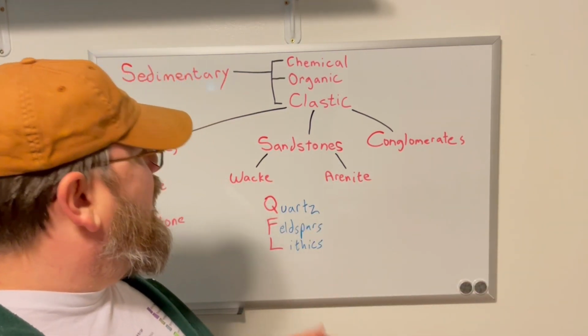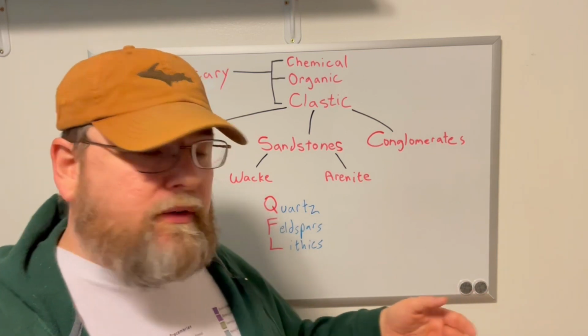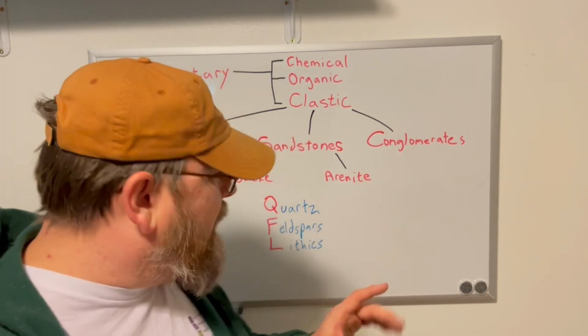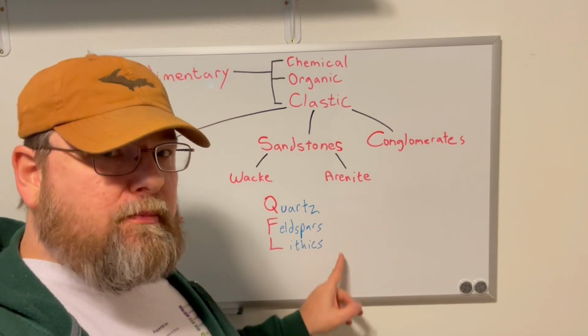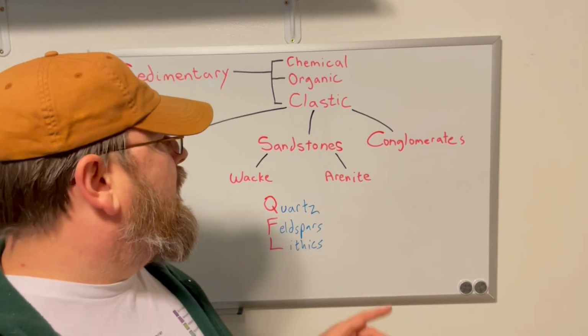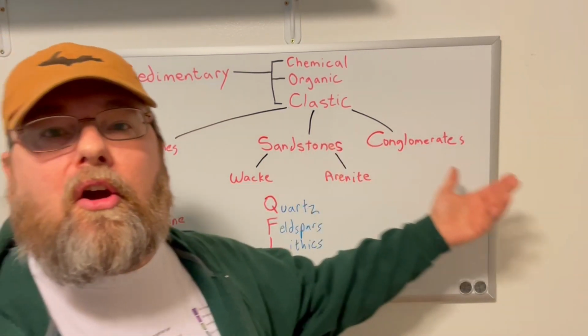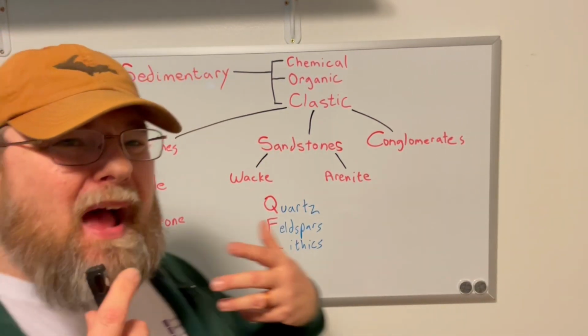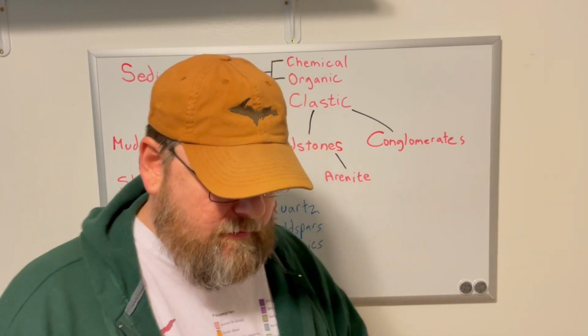So you might say a mature arenite or something like that, because you can have semi-mature things even if you have a little bit of these two. Or you can say an immature arenite and imply these two are present in abundance. It depends on your scale of classification.